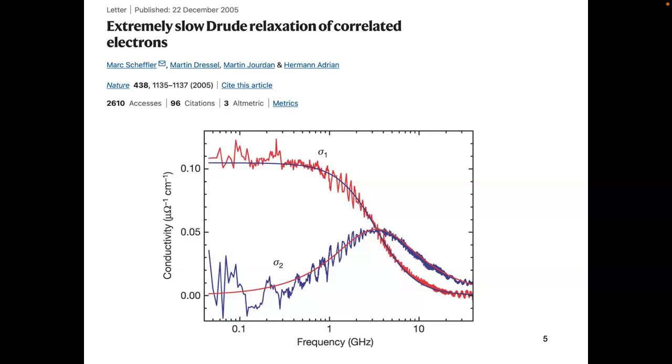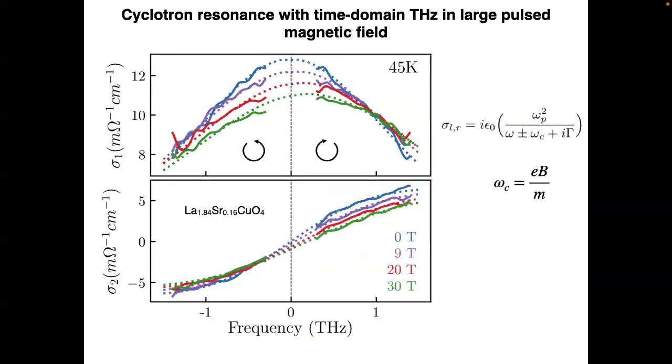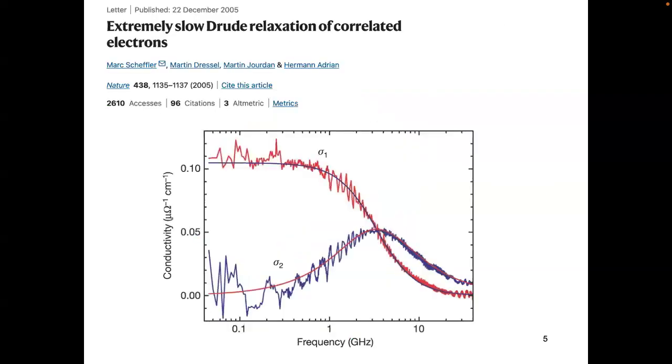It's a heavy fermion compound, uranium palladium 2 aluminum 2, with sigma 1 and sigma 2, and these lines fitting through it. That's again this Lorentzian Drude functional form. The point I just want to make is that you might take a look at the very different frequency scales here: terahertz for this width here, and gigahertz for this width here.